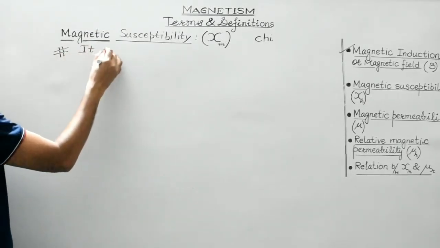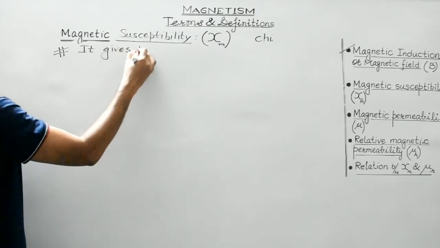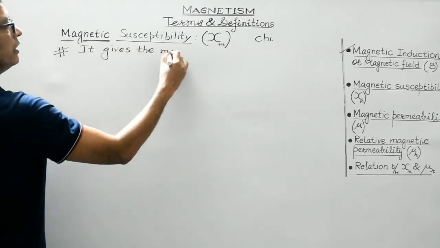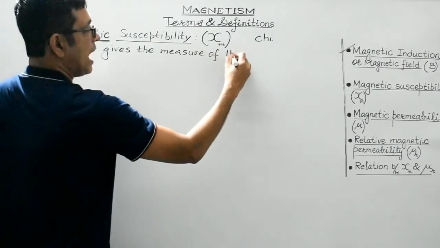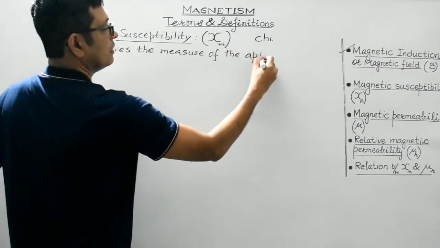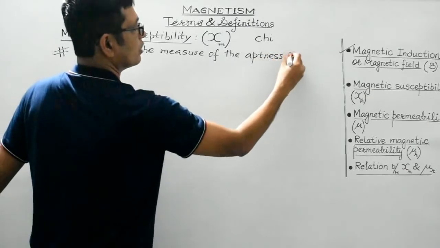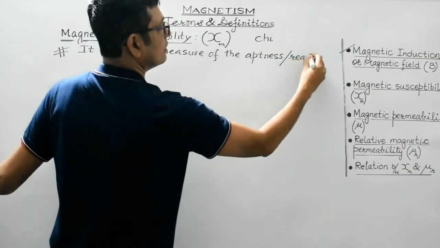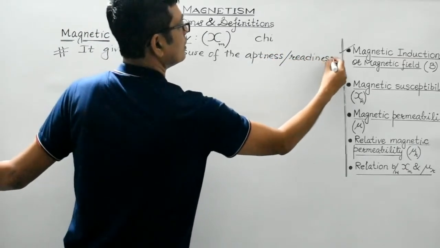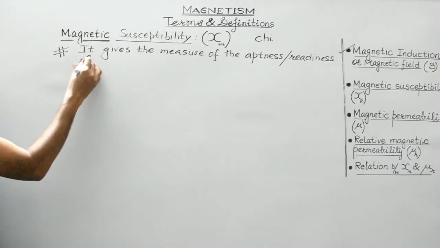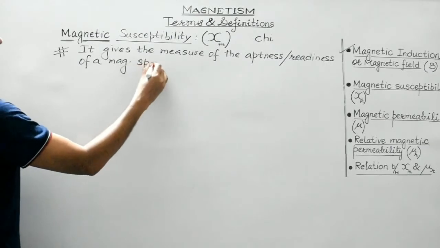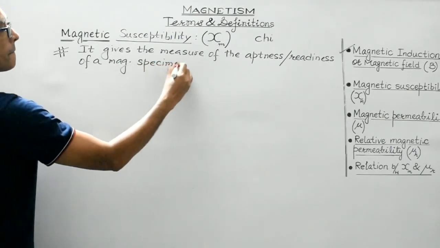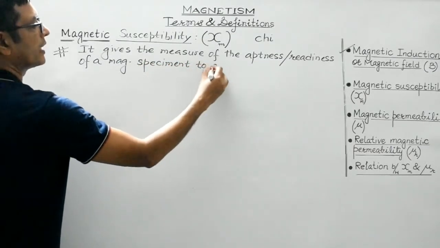So students, susceptibility gives the measure of the aptness or readiness of a magnetic specimen to get magnetized.